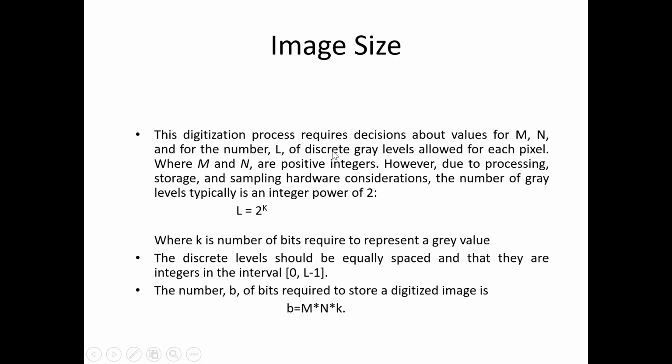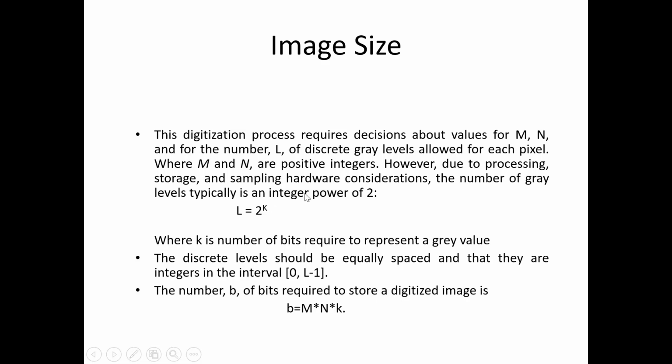Discrete gray levels means how many different gray colors are represented in the image for each pixel. How can we calculate this gray level? For that purpose we have another formula, that is L equal to 2 to the power k.